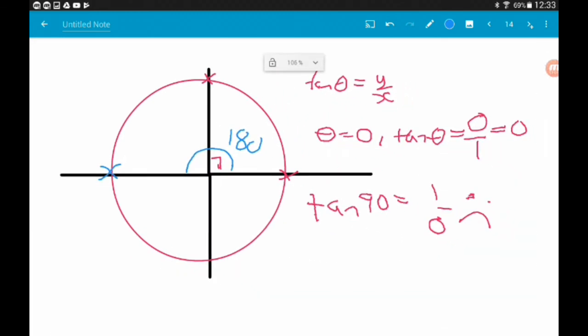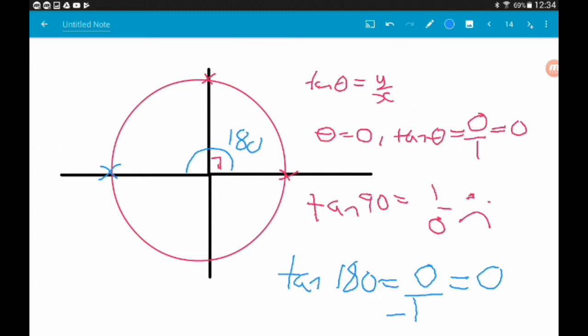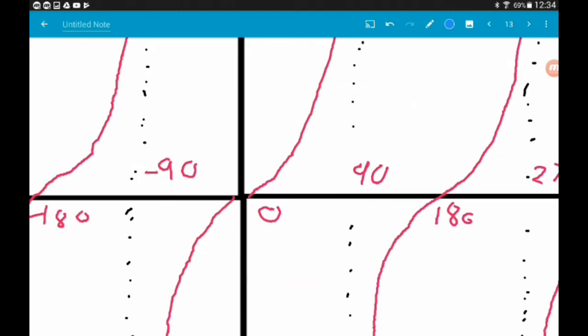So tan of 180 is going to be, well, our y coordinate is 0, our x coordinate is -1. So it's just 0 divided by -1. Now that is just 0. So what that's given us is this point here.